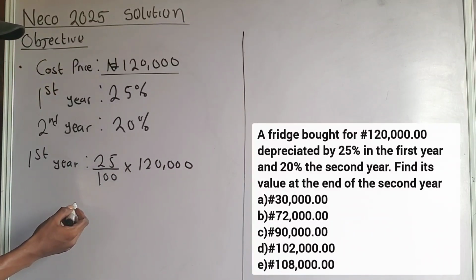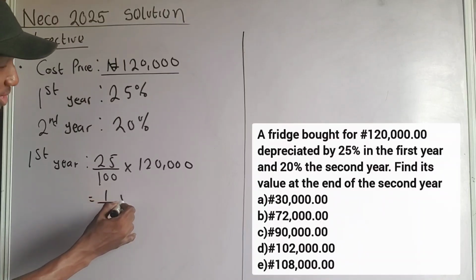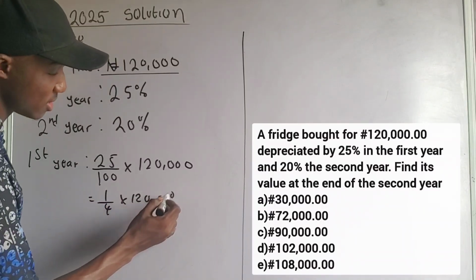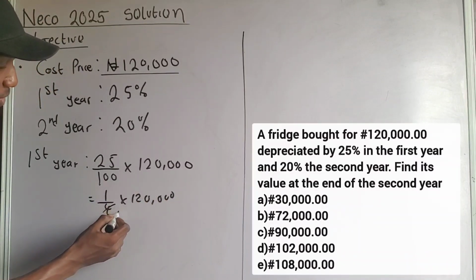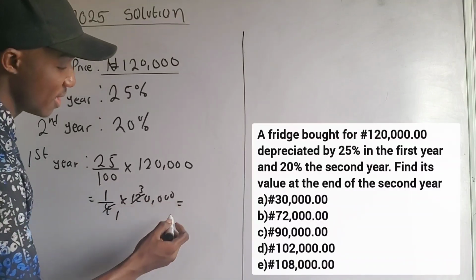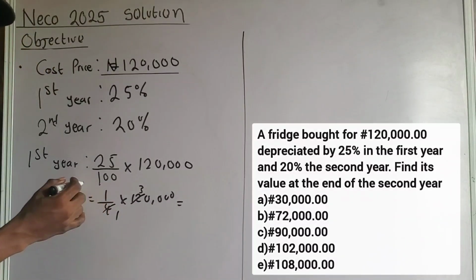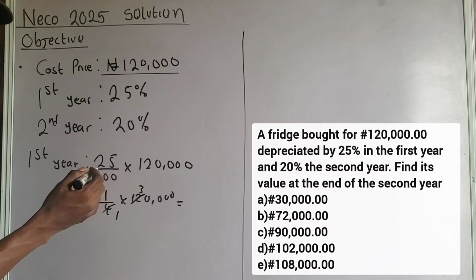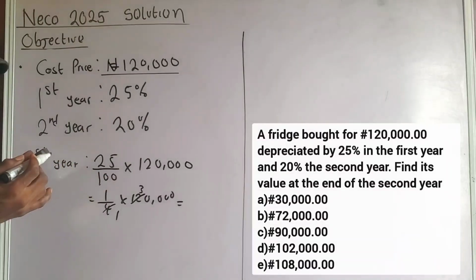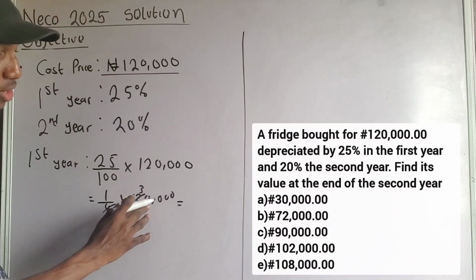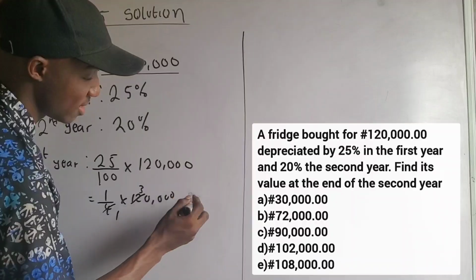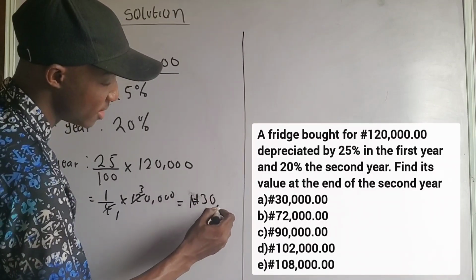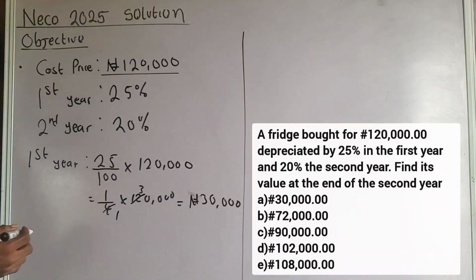Do you understand? So that will be what? 1 over 4 times 120,000. Do you get it? So 4 into 12 is 3. So the amount by which the cost price of the freezer reduced is 30,000. In the first year, it reduced by 30,000 naira.